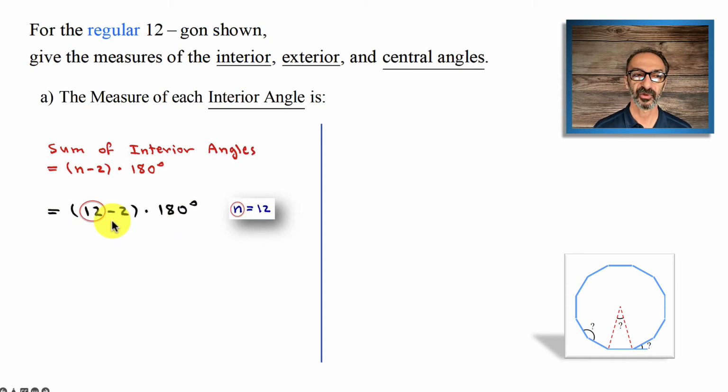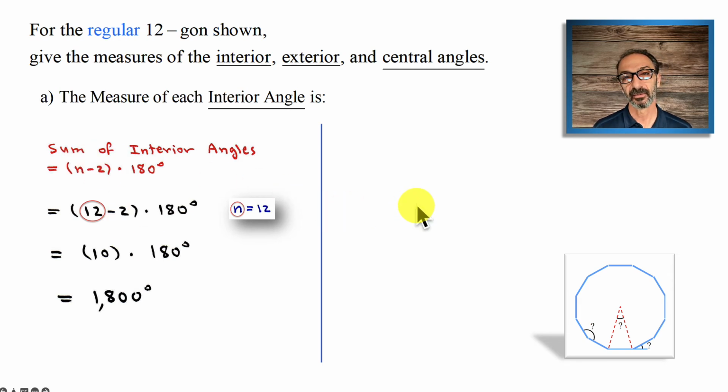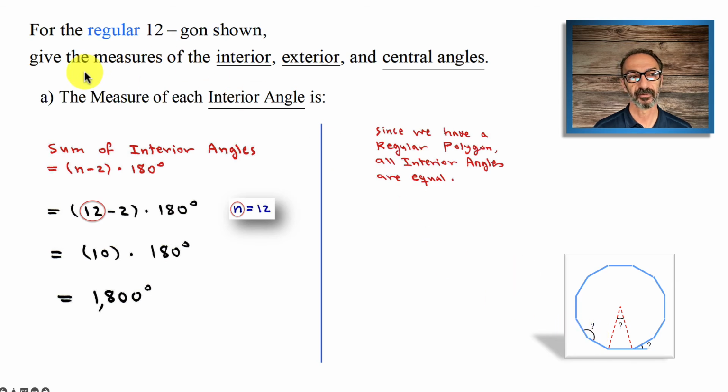Do the math. 12 minus 2 is 10. 10 times 180 is 1,800 degrees. That's a sum. But we want a single one, the measure of each interior angle. Since we have a regular polygon, all interior angles are equal.